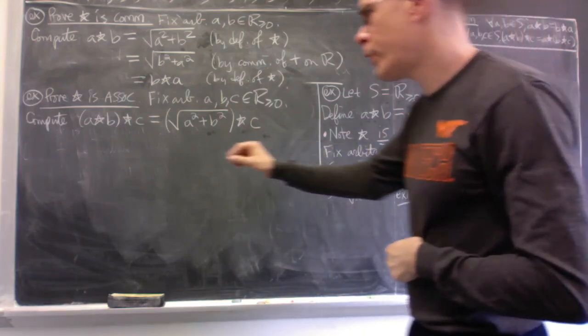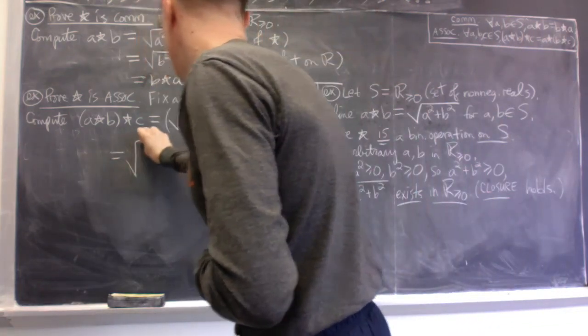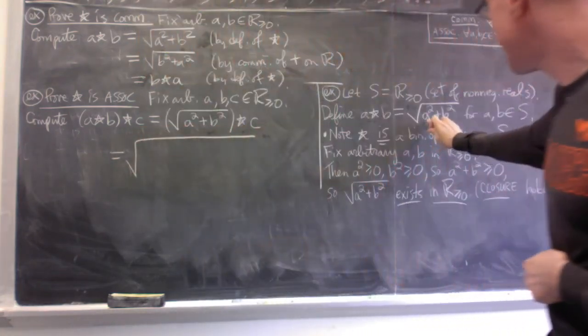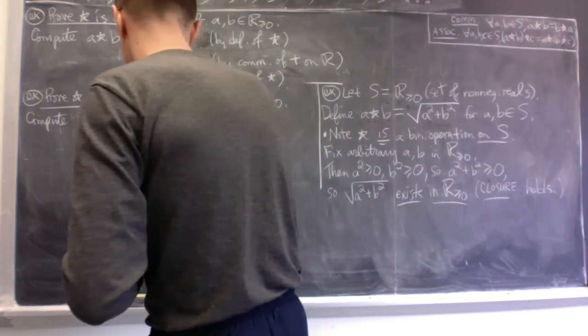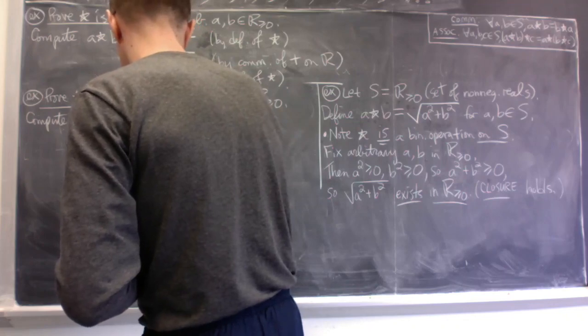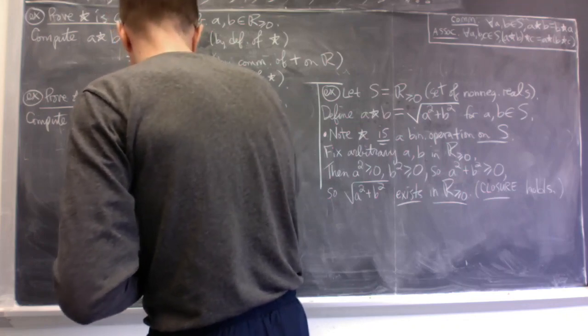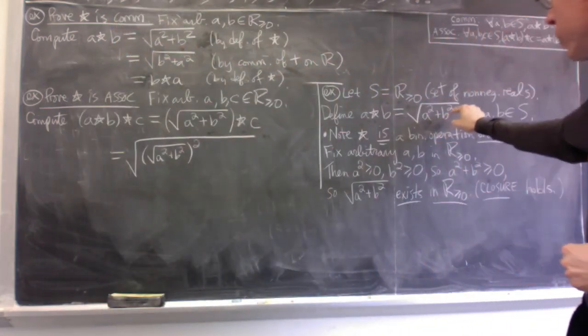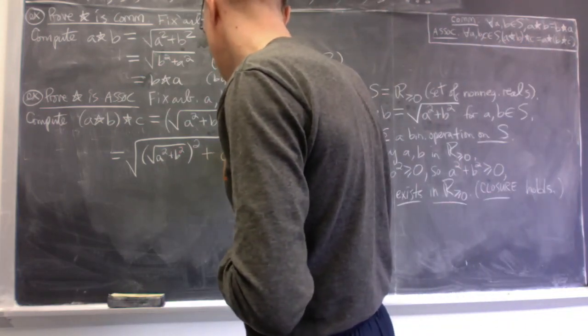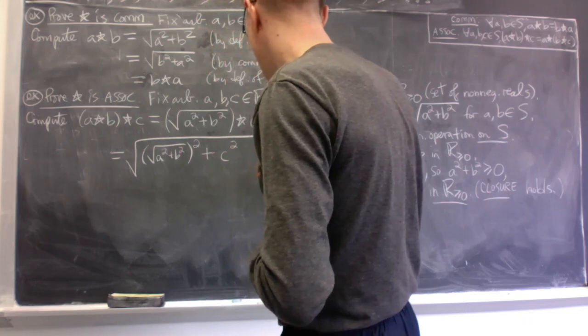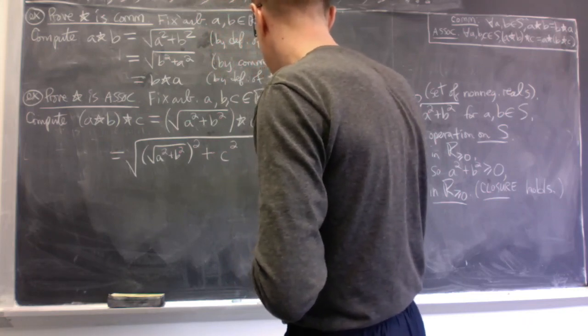I take the square root, and then I take the first thing, which is this weird, ugly thing, square root of A squared plus B squared, square that. Then I add the square of the second thing, which is C, so C squared. So that's a more elaborate definition of star.